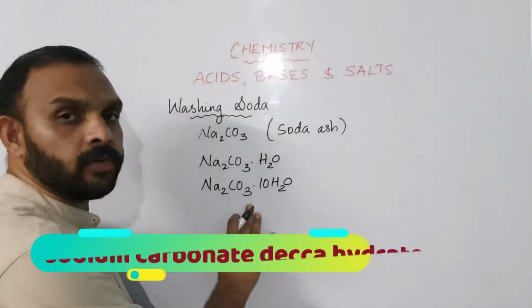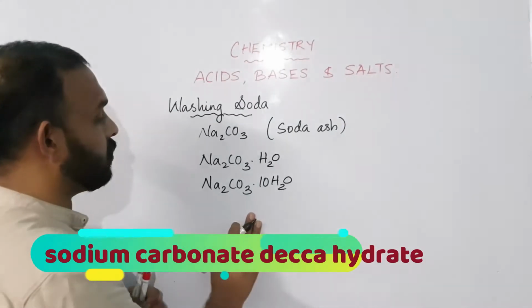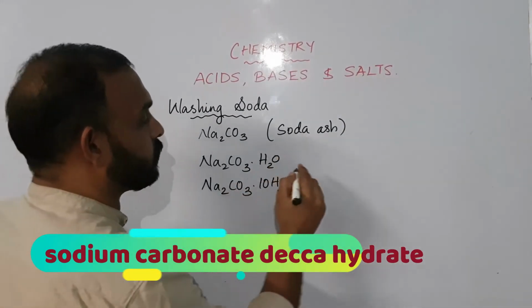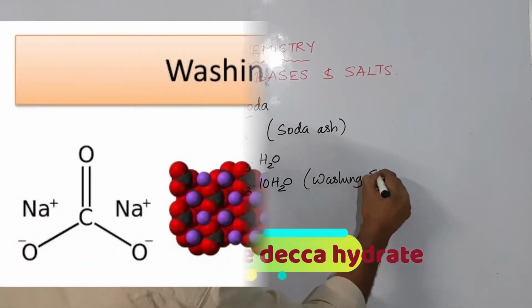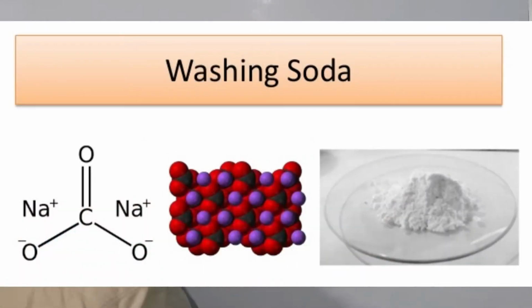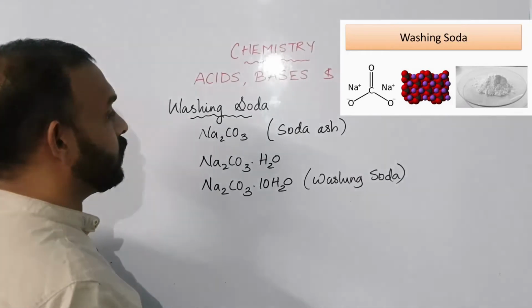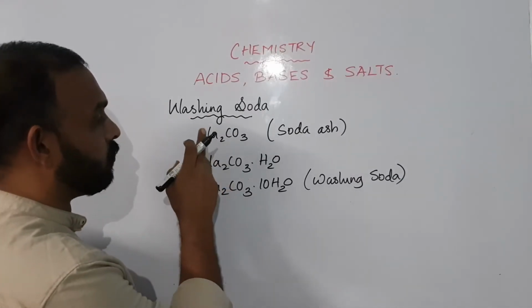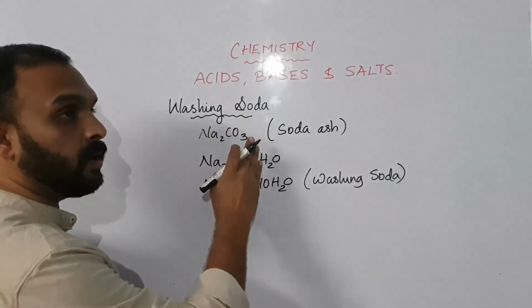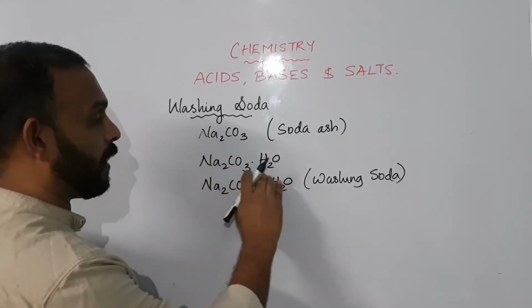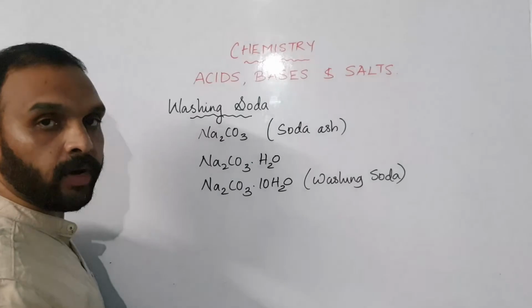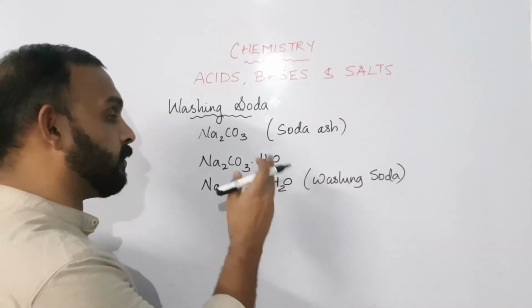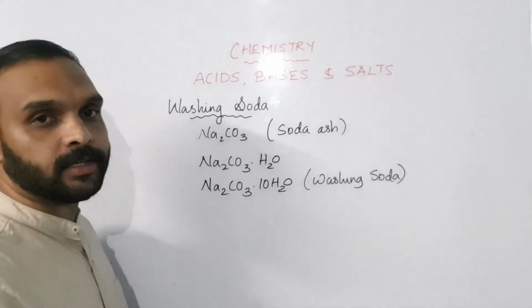This is the most commonly found form of sodium carbonate, so it is known as washing soda. That is our next topic. Clear? So three forms are there. One is soda ash without any water molecule. One has one water molecule, known as sodium carbonate monohydrate. Another one with 10 water molecules is known as washing soda.